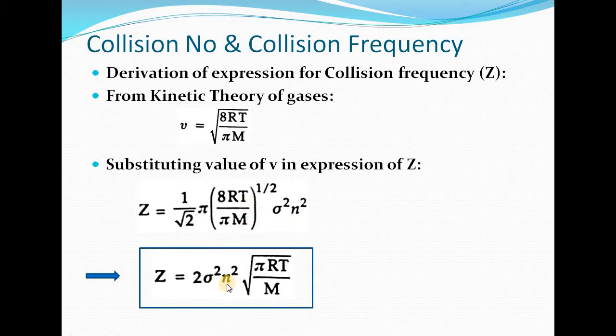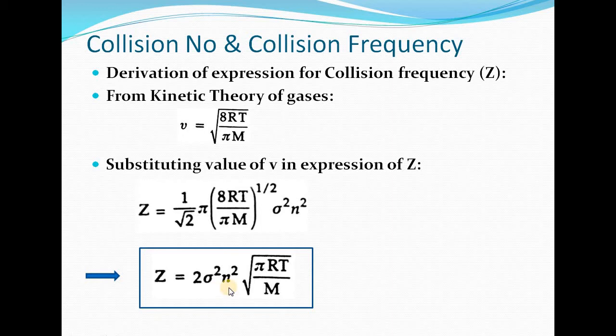On further calculating, we get Z equal to 2 sigma square n square root of pi RT by m. Now we can use this expression to find out the effect of temperature and pressure on collision frequency.